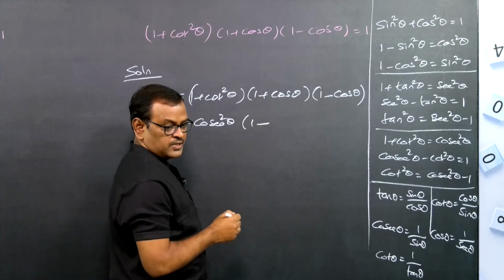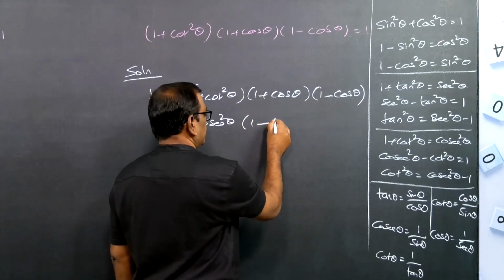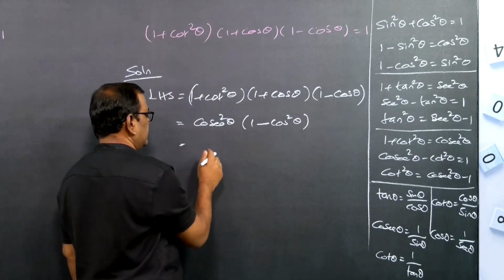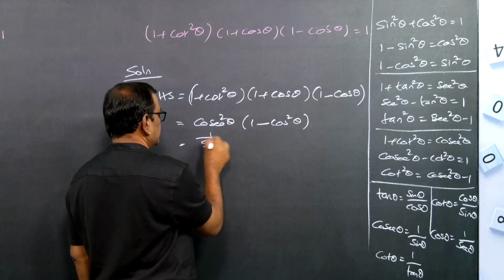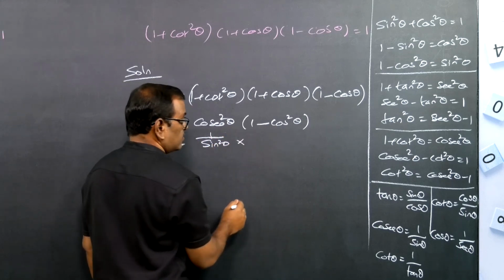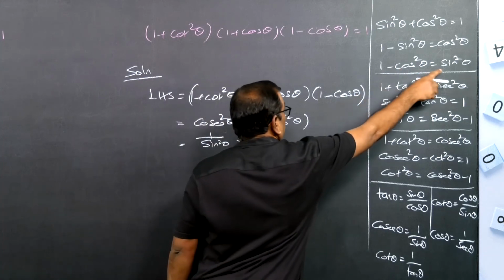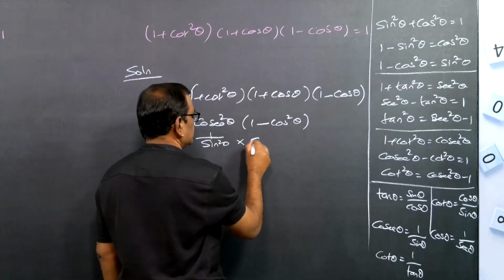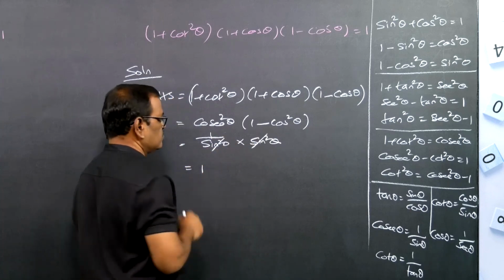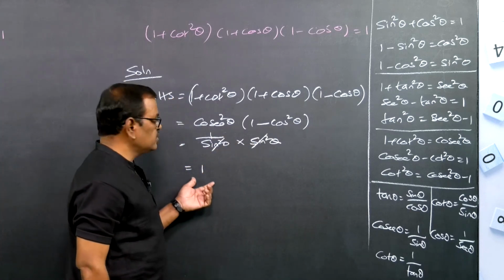What is A square minus B square? Yes, so 1 minus cos square theta, and this can be converted into sin: 1 by sin square theta into (1 minus cos square theta). 1 minus cos square theta equals sin square theta. Both get cancelled, and the answer is 1. Very small sum, a 2 mark question.